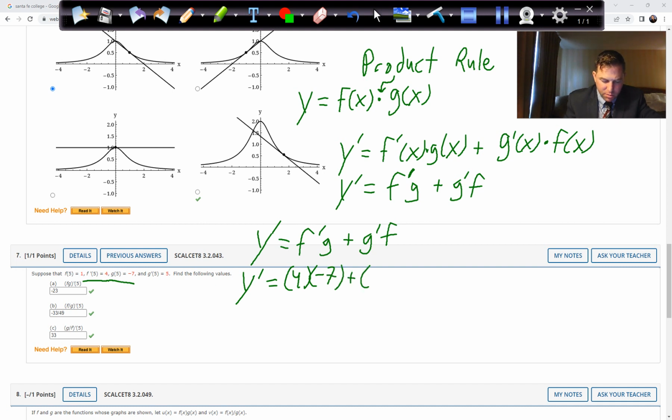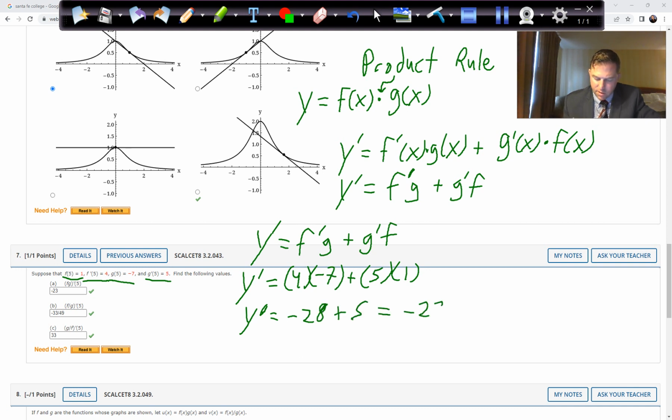They told us g prime is 5. And the original f is 1. So it's the y values that I'm plugging in here. So this derivative should be negative 28 plus 5, which is negative 23, which is what we have right there.